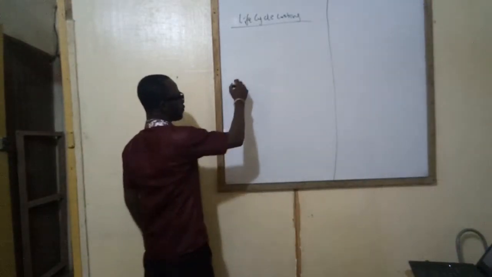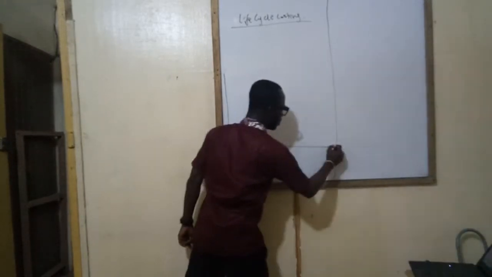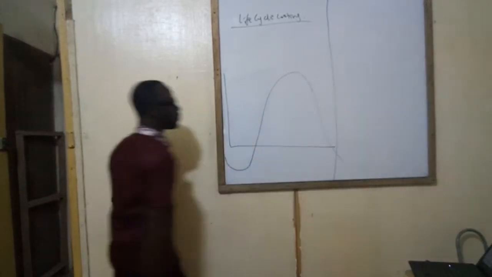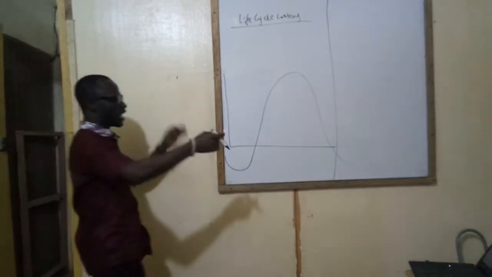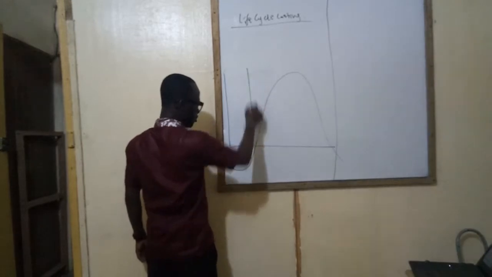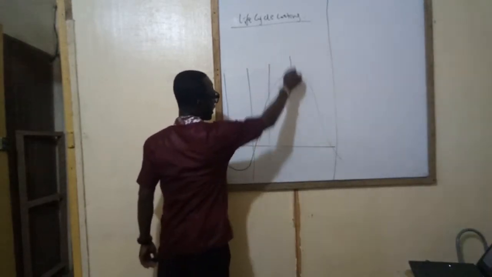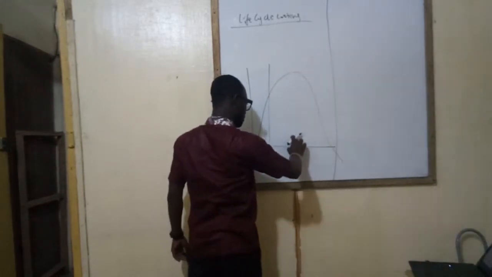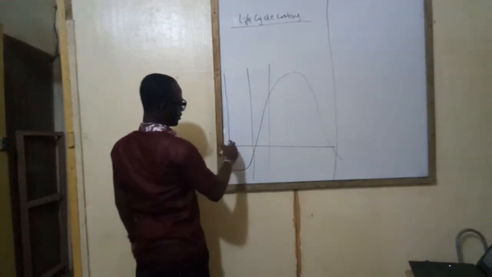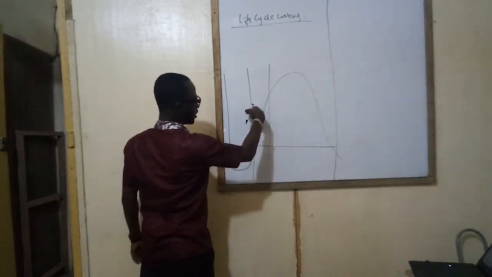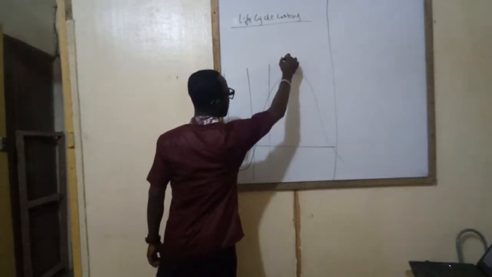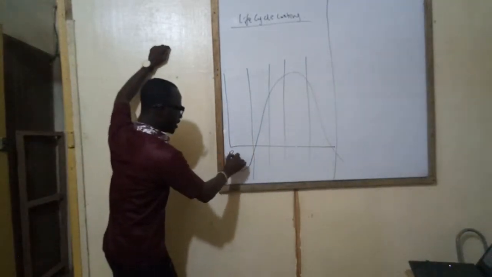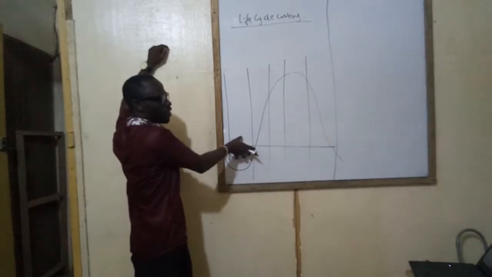Now, if you remember from economics, that is, if you didn't run away from your economics class, a product goes through some cycle. So we're going to have R&D here, that is research and development.